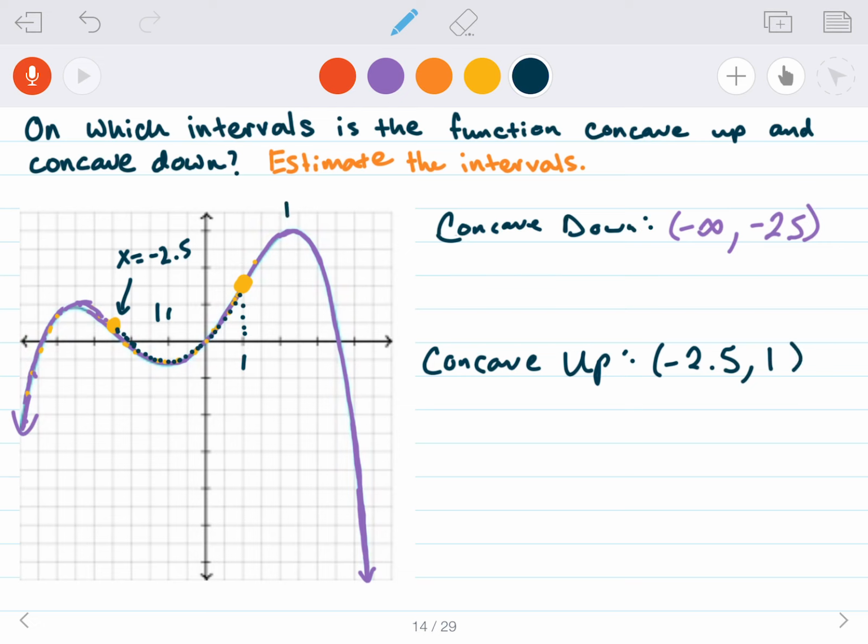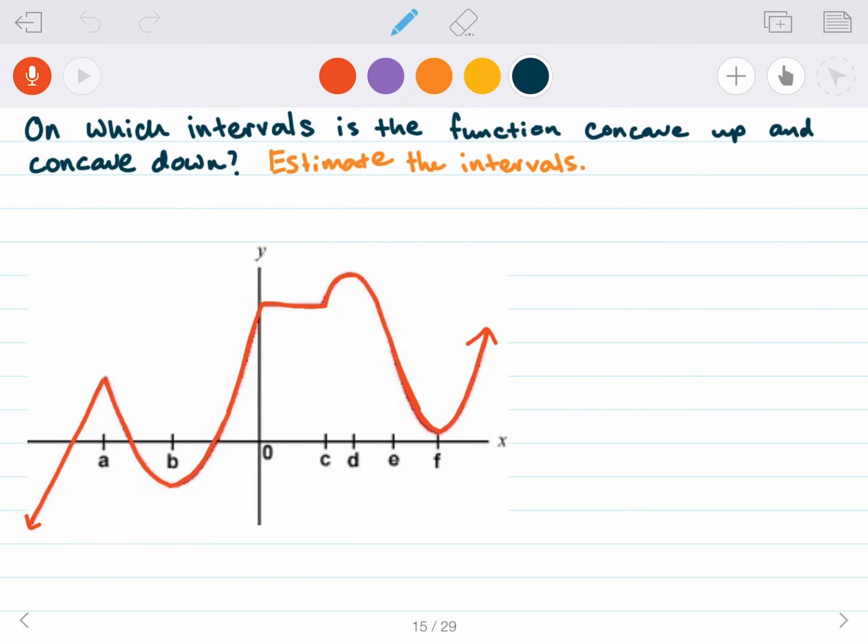And then we start to frown again. So from x equals 1 all the way to x equals infinity, we're frowning. So we're going to union this other set with 1 to infinity. So that's where it is concave down and concave up.